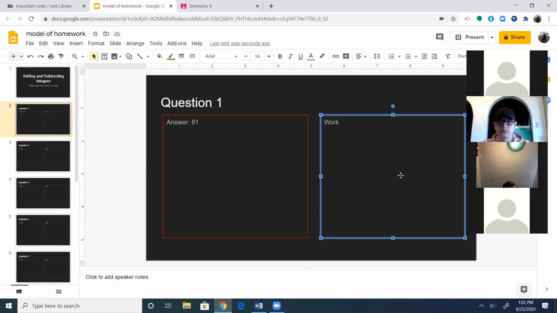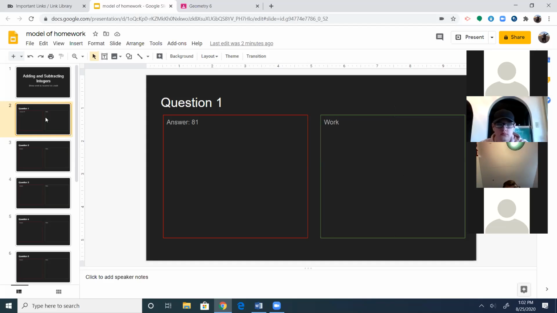At the top, there's going to be an addition symbol. Okay. Then it's going to let you insert an image and then from camera. That way you can take a picture of the work. And then you can use that photo to put it directly onto the Google Slides.